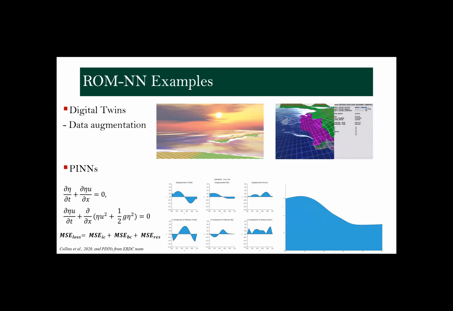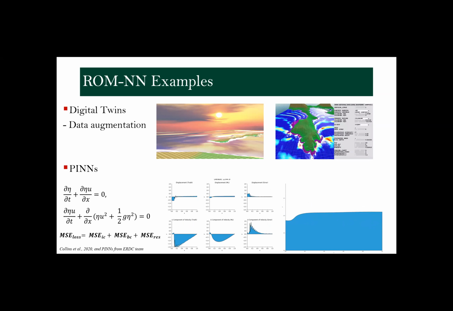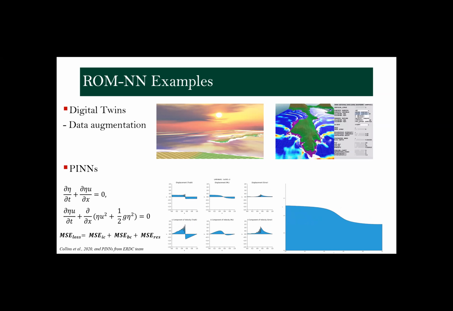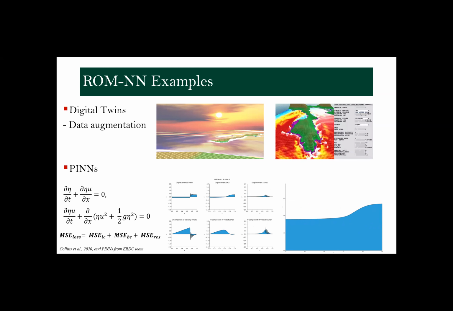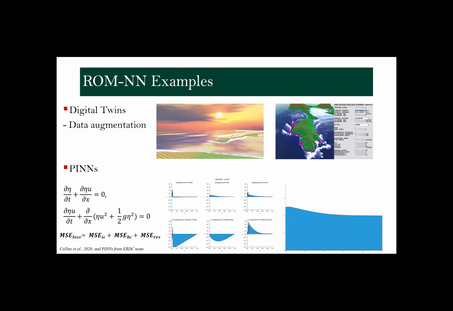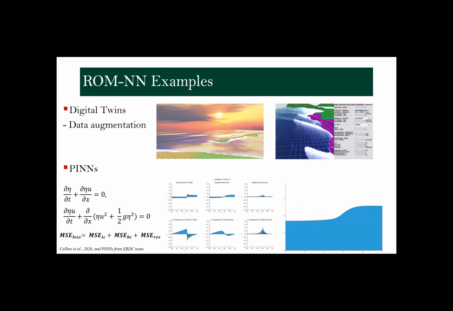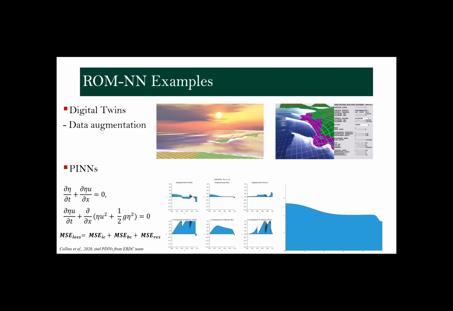But probably the issue with PINNs, from my experience, is that they are hard to optimize and hard to train, and it's not easy to generalize to a new domain. We heard a lot about zero-shot training, one-shot training, and other kinds of approaches to generalize.